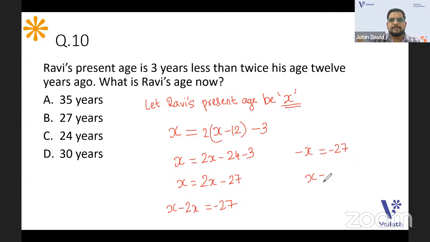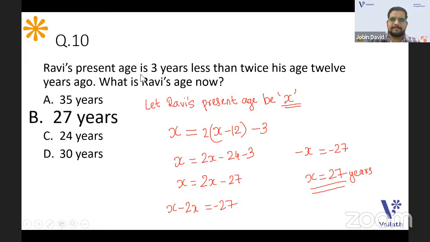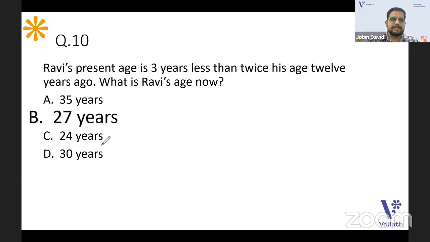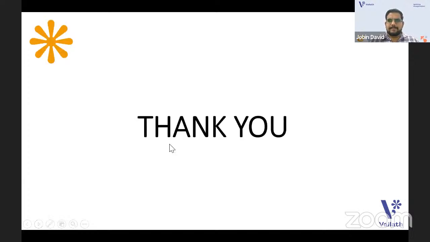So X is equal to 27 years. So the present age of Ravi is 27 years. You have the answer here, B. We'll check if it is B or not. Yes, it's B only, 27 years. That is the explanation also given to you. Clear? This is a simple one where you can form the equation.